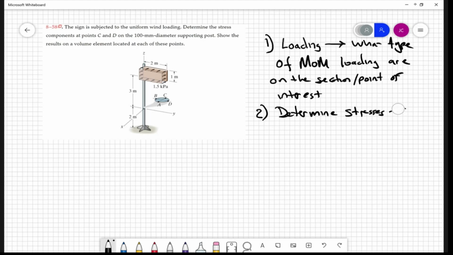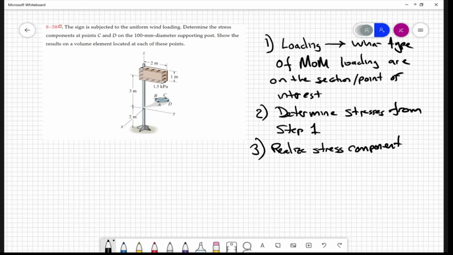Oops, I should say from step 1, right? And then the last part is to visualize or realize, on the little differential element, the stress components.